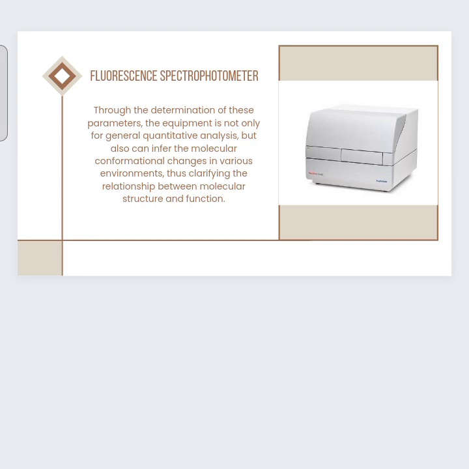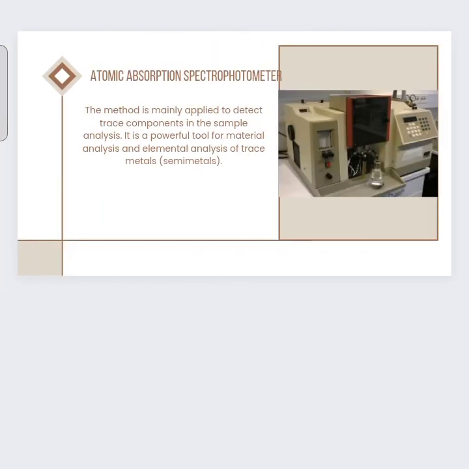Through the determination of these parameters, the equipment is not only for general quantitative analysis but can also infer molecular conformational changes in various environments, thus clarifying the relationship between molecular structure and function.